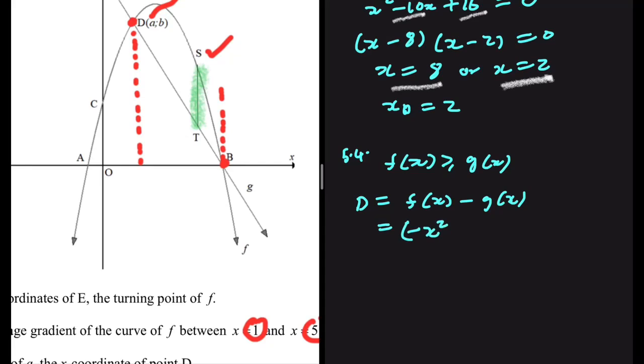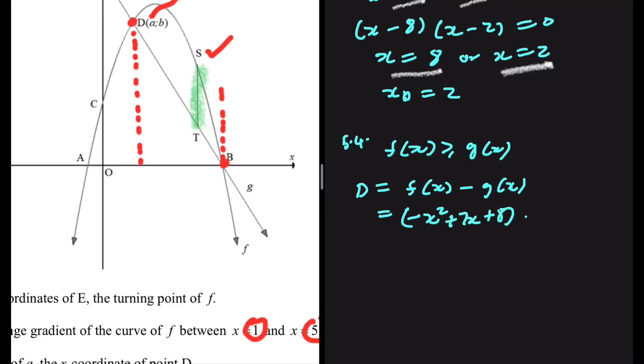Minus x squared plus 7x plus 8 minus g of x. G of x is minus 3x plus 24. So let's go ahead and solve this. Minus x squared and then plus 7x minus 3x, that will be plus 10x, and 8 minus 24, that is minus 16. So this is the equation of ST.